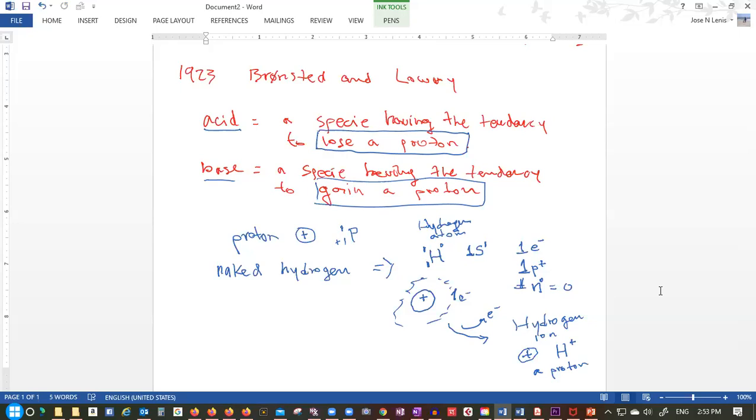Most of the time, when we talk about acids and bases, we are going to talk about aqueous solutions of these acids and bases, where they show that specific property. So that version of proton will need to be adjusted, and I'll show you later. That's why sometimes it's even better to talk about hydronium ion instead.